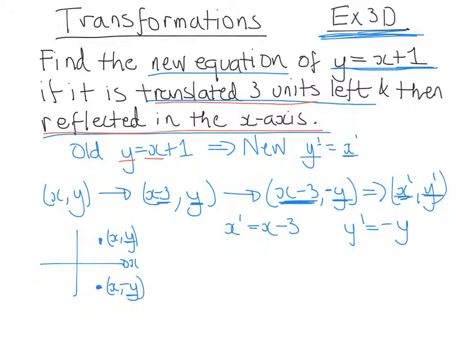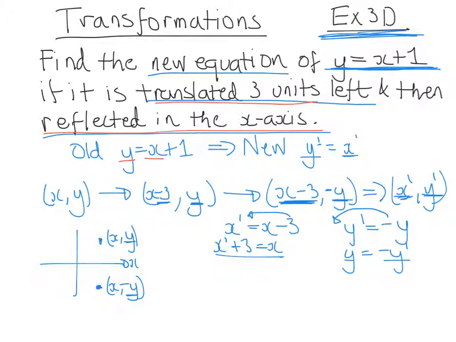We've only got a graph in terms of our old x and y values. Well, what about we use some algebraic manipulation? If we took the minus 3 from that side to the other side, we'd end up with this expression. And if we took the negative from this side across to this side, we'd end up with the old y equals negative the new y.